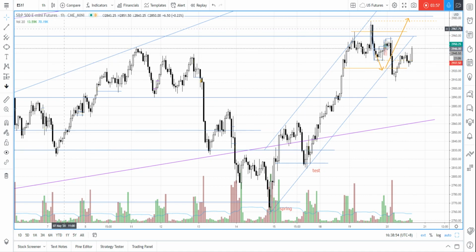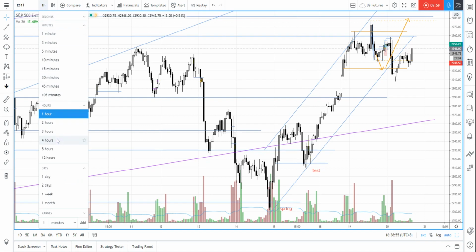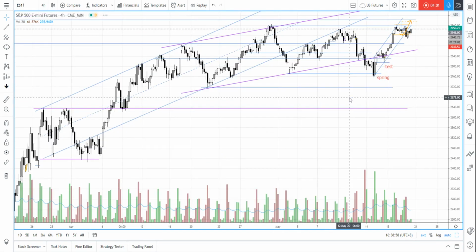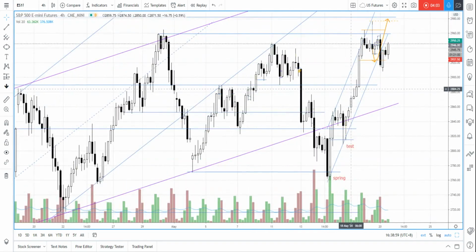So if we look at H4, you can see that this is the acceleration bar, or you can call it a breakout bar, where it actually broke out of the 2890 or 2900 level. So this reaction actually tested this bar.